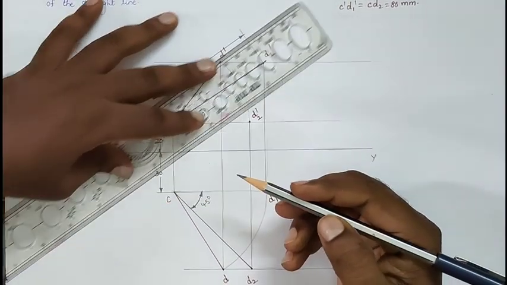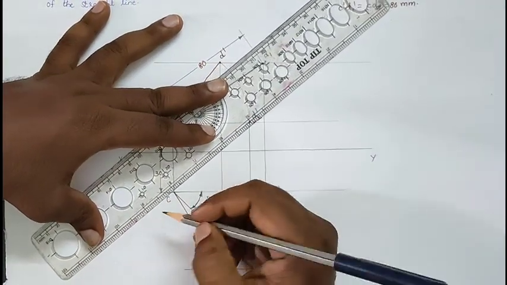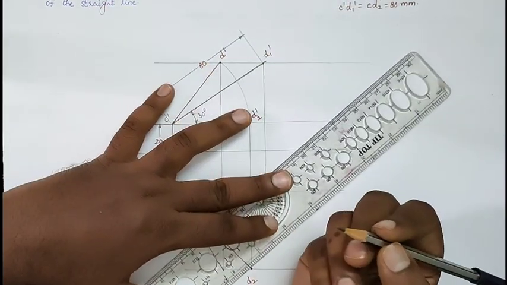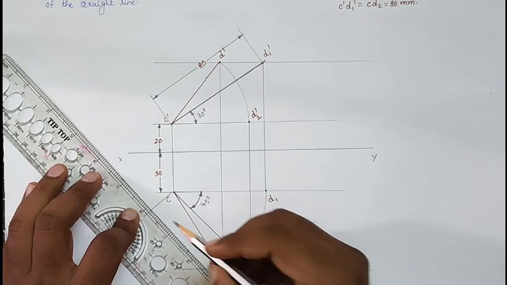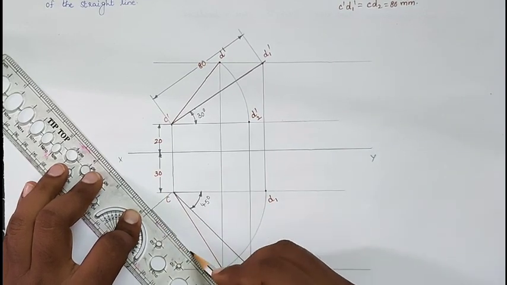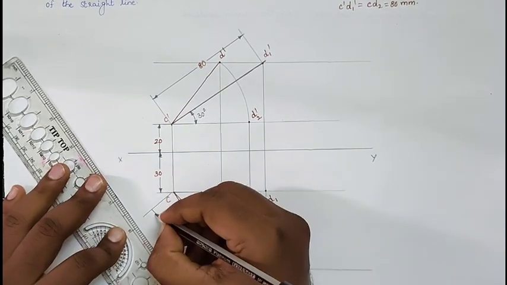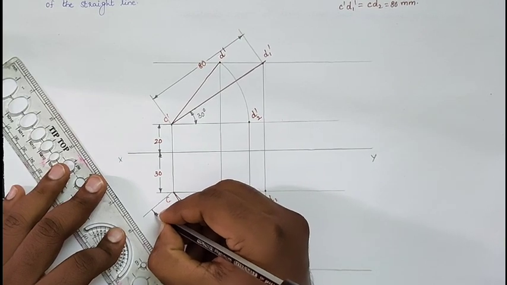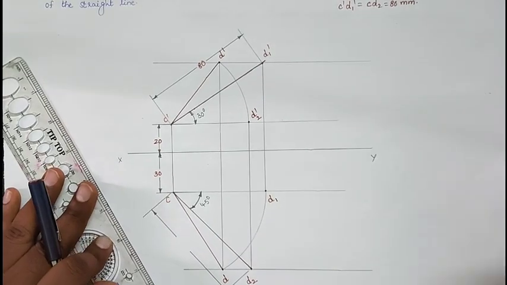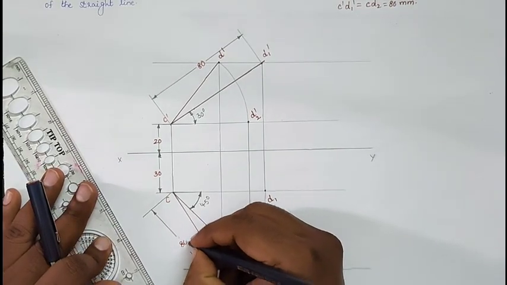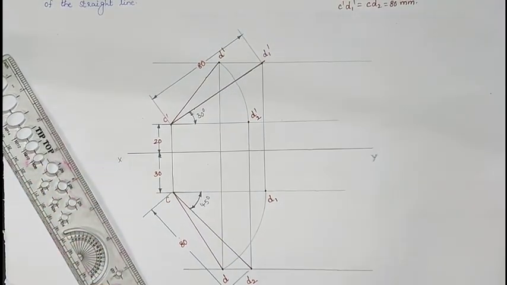And also this dimension they are giving, that CD2 is also 80. So like that we will construct the diagram.